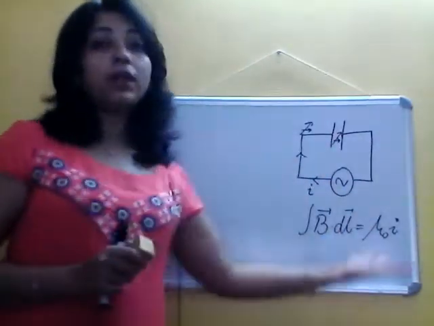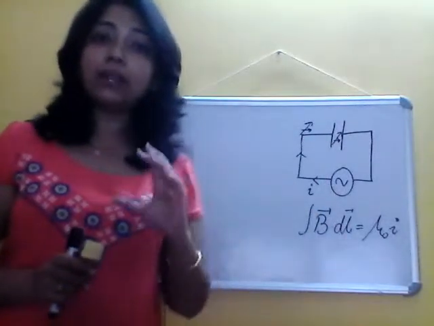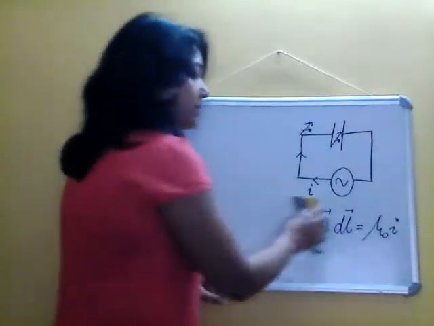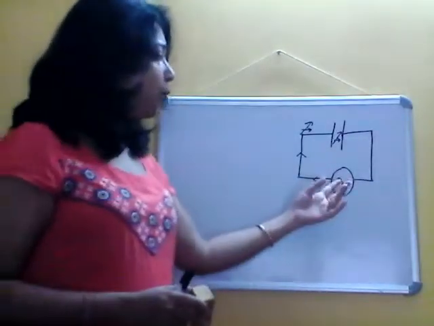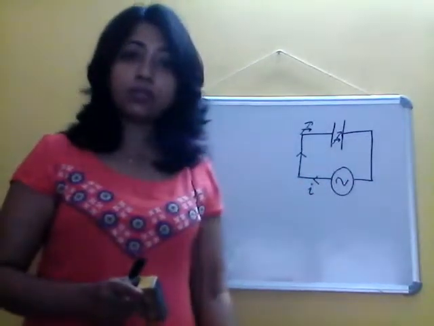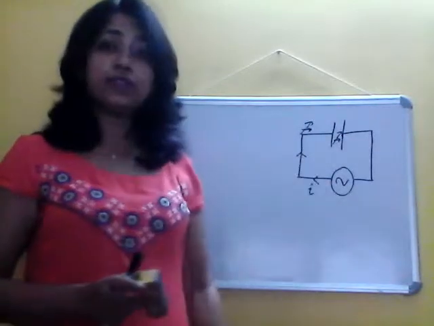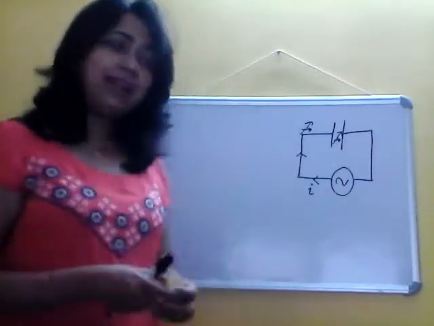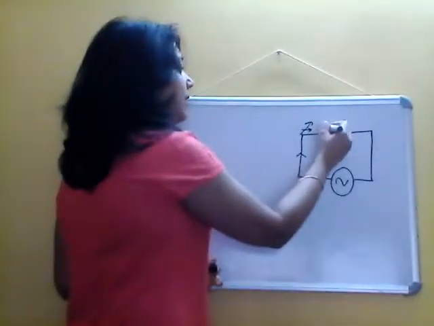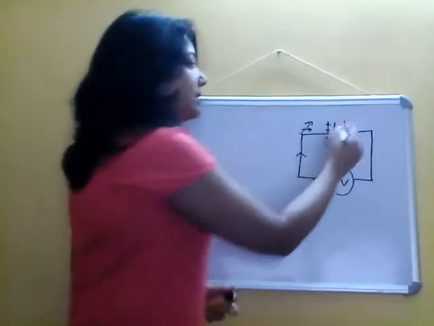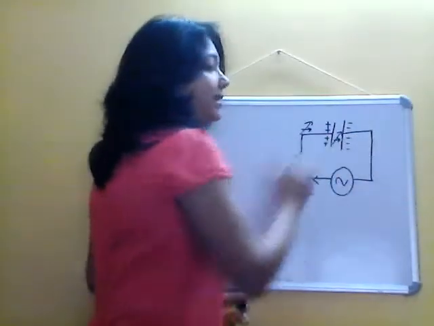Now, in this scenario, what did Maxwell tell us? Let us try to understand that fact first. As per Maxwell, the moment I am turning on this source, what is happening at the plates of the capacitor? We will expect that, say, at one instant of time, this plate will be a positive plate and the other plate would be a negative plate.